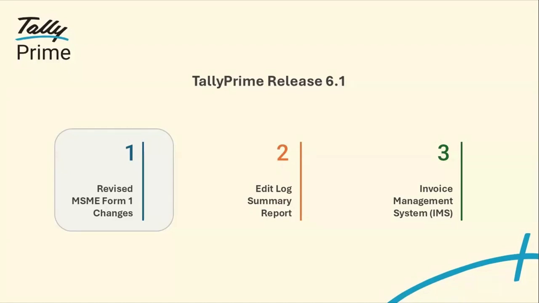We have both capabilities today in the product. If any user is still on release 6.0, they can generate MSME Form 1 and they can see the edit log. But there are some enhancements from the statutory front, and there is one enhancement from Tally's front for our user.